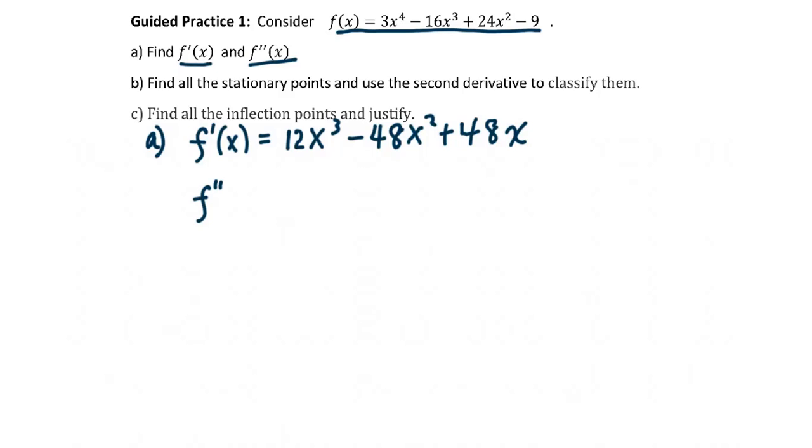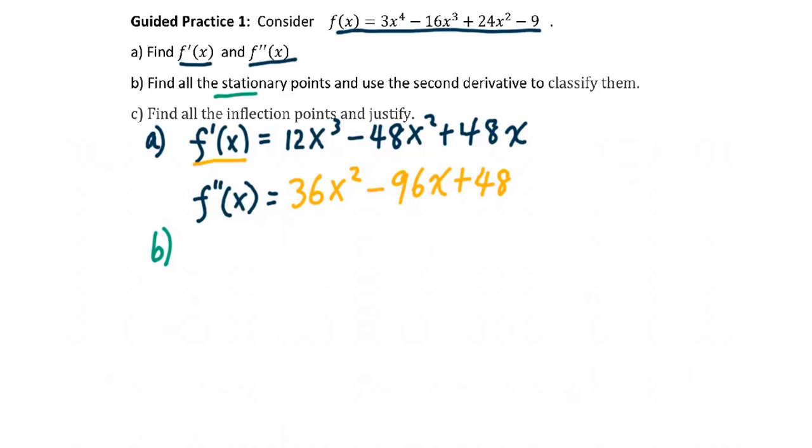For the second derivative, we take the derivative of the first derivative and get 36x squared minus 96x plus 48.